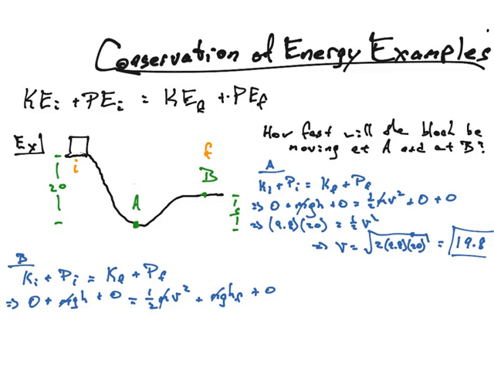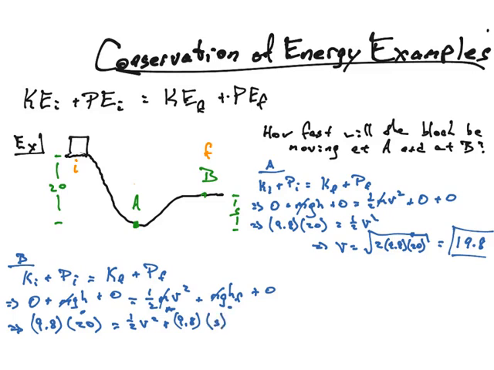The G, I cannot cancel the G, even though there's a G here and a G here, because there's no G here, there's not a G on every term, so I cannot cancel it. So I have to keep it, but that's okay. 9.8 times the initial height of 20 equals 1/2 v squared plus 9.8 times the final height, which is 5.